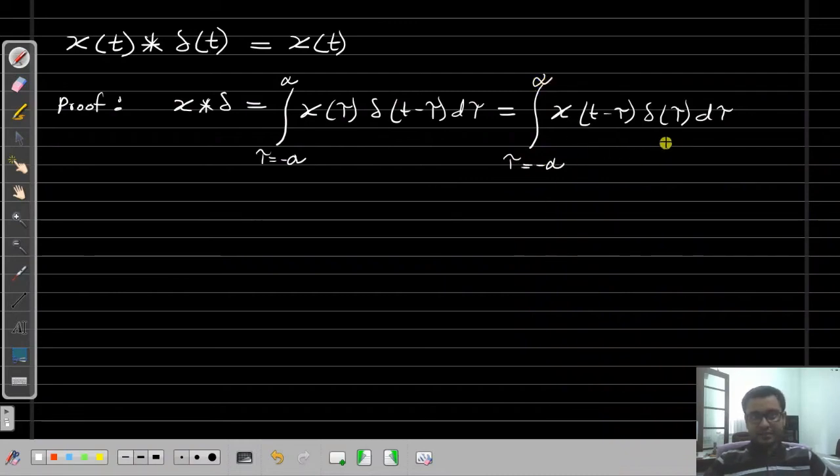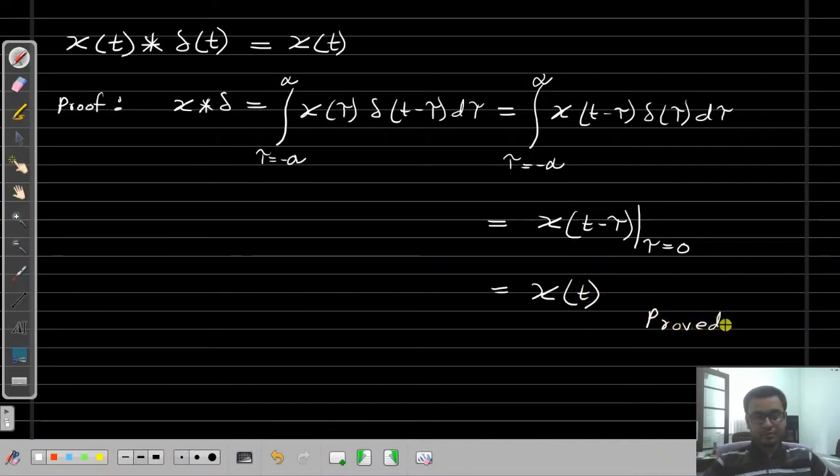And then we know that when we multiply any function with the delta function and integrate, the result is the same as the value of this function evaluated at tau equal to 0. So you put tau equal to 0 in this function, you will get x(t), and that's the proof.